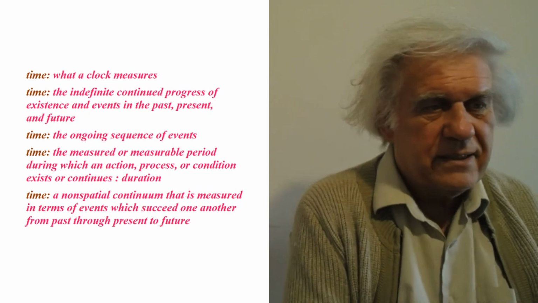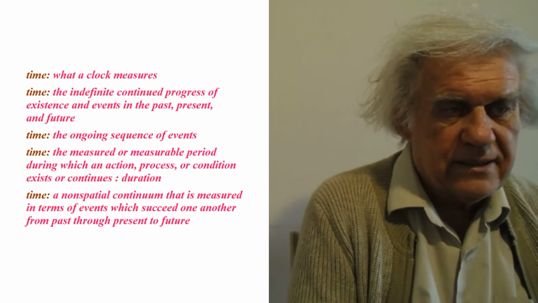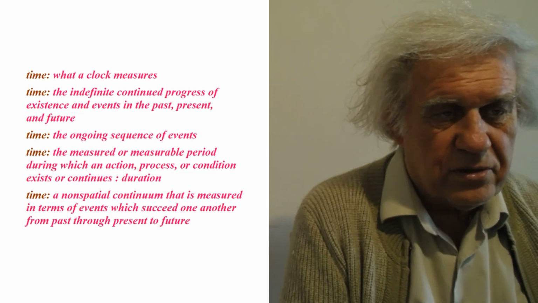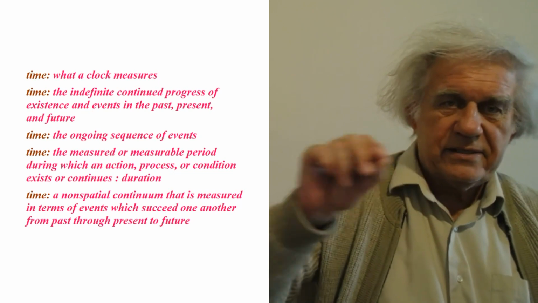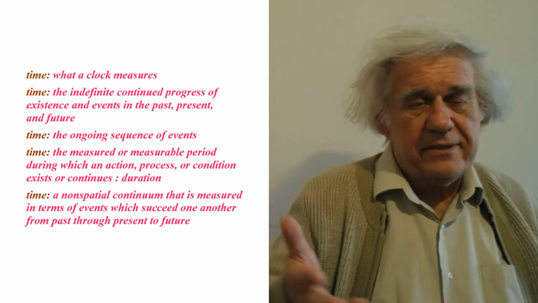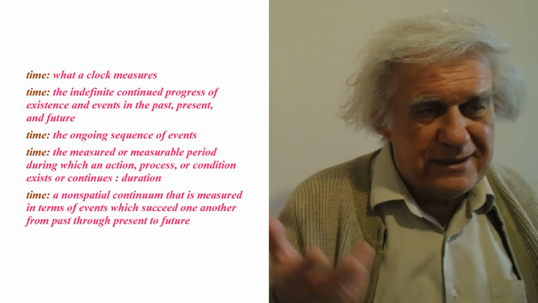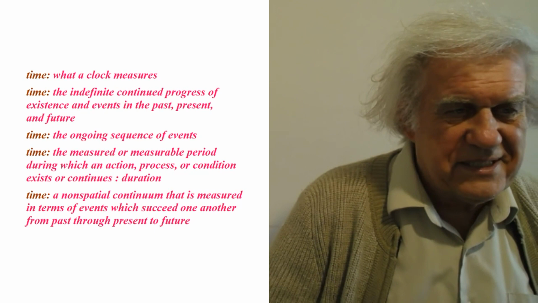Another group expert out there: the ongoing sequence of events. Now, the measured or measurable period, like a period at the end of a sentence, is that kind of period? Period, if you're talking about period, you're already talking about time. So you can't use the word period to define time, but they don't understand that.